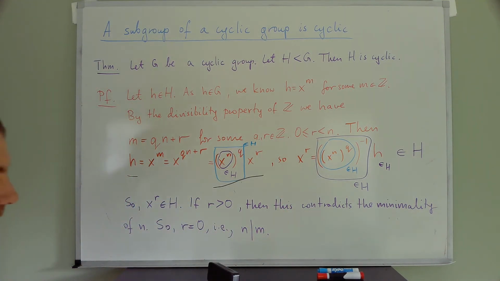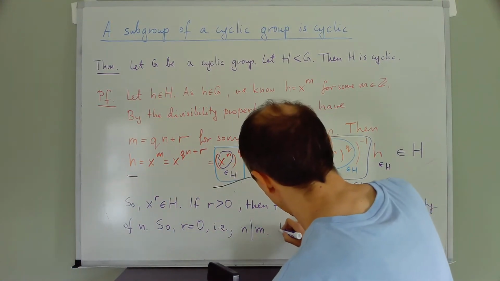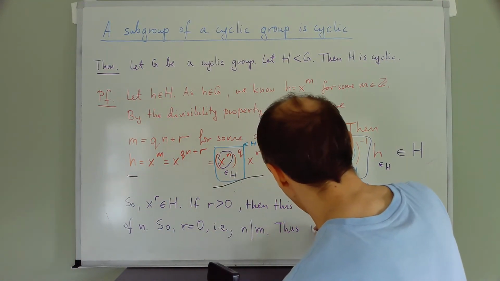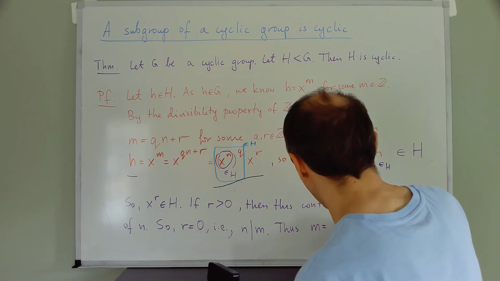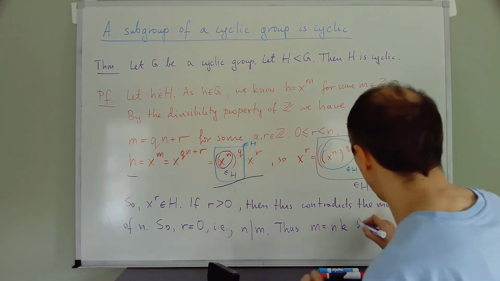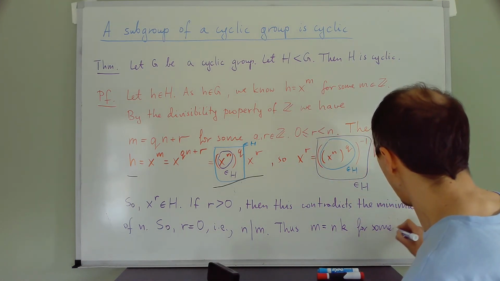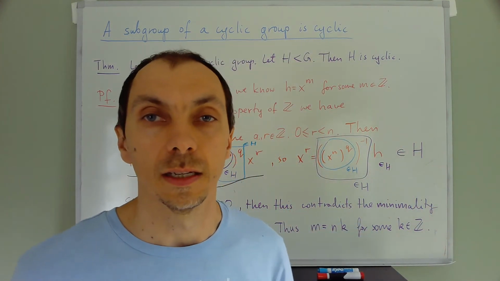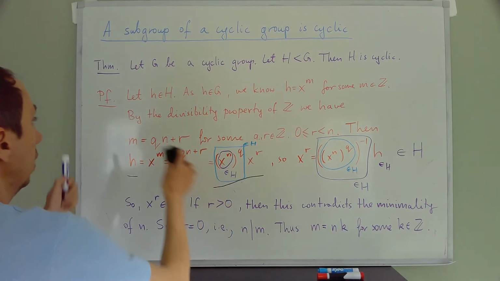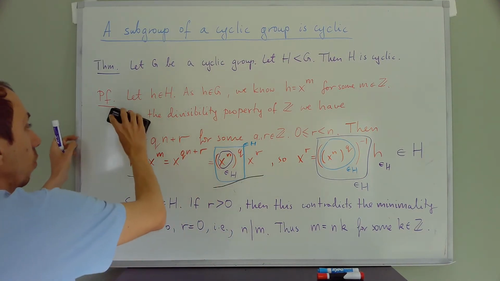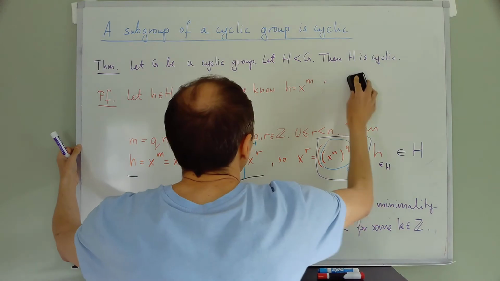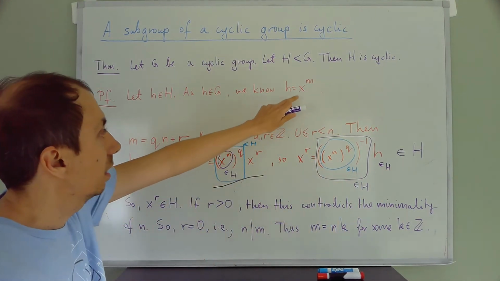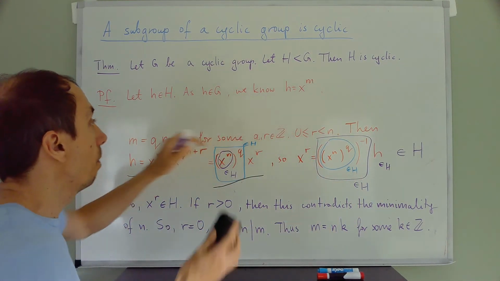Okay, so what? Thus, m is equal to nk for some integer k in Z, right? m is a multiple of n. Okay, well, still so what? Before I erase it, h is equal to X to the m.